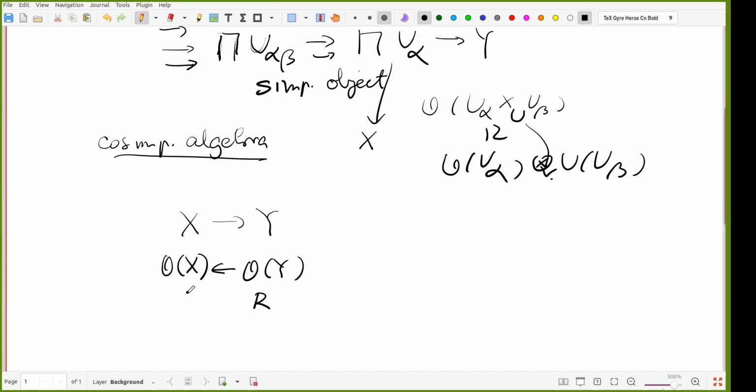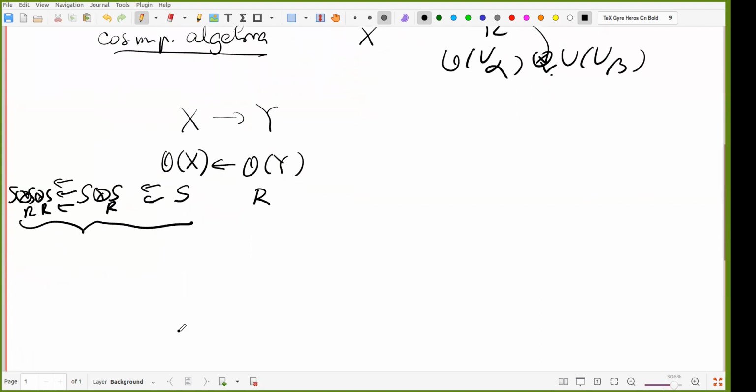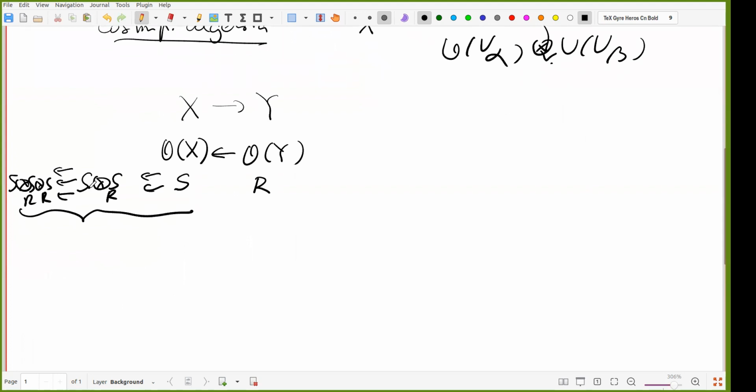Say that this is some R, this is S. Then I will have objects like S tensor S over R, and I'll have some sort of cosimplicial object like that, and you can associate a complex by the usual rule, and this is usually called the Amitsur complex.